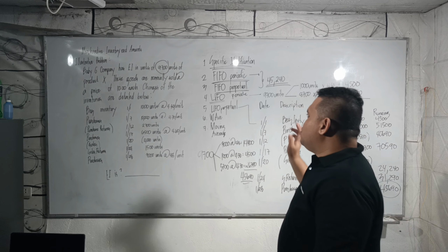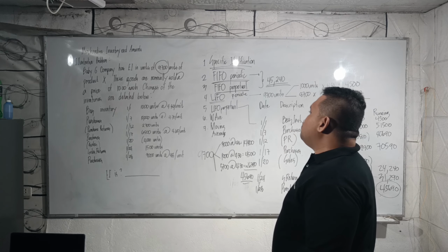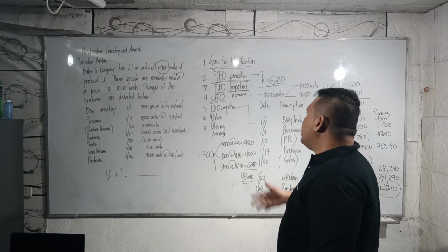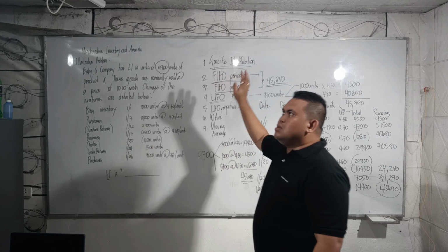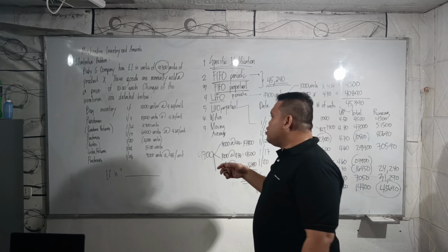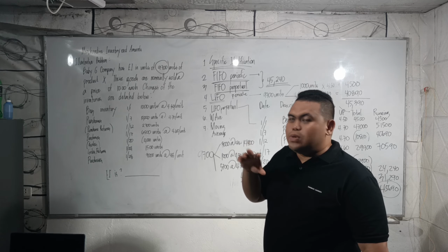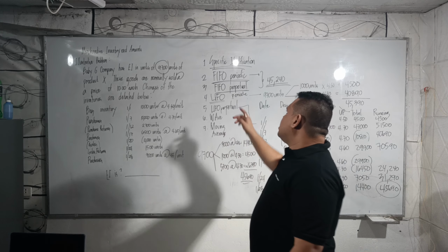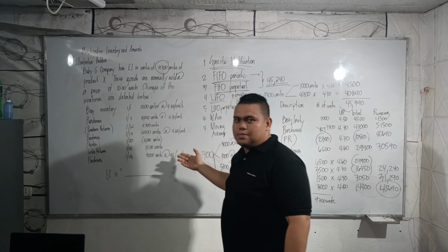Okay? And remember also that FIFO periodic and FIFO perpetual, when compared to LIFO periodic and LIFO perpetual, when there are inflationary conditions, will bring about an ending inventory which is higher, because the ending inventory in FIFO is based on the most recent prices.